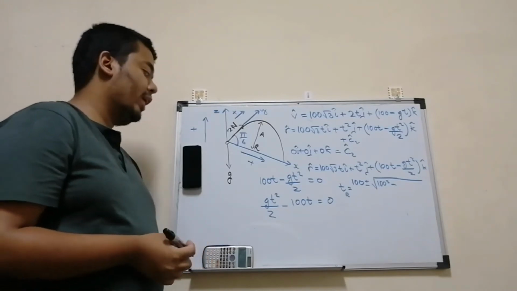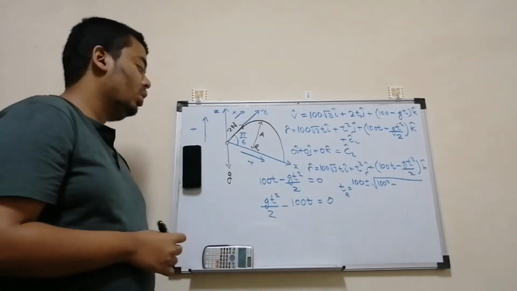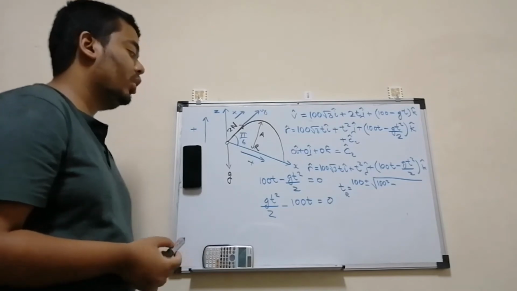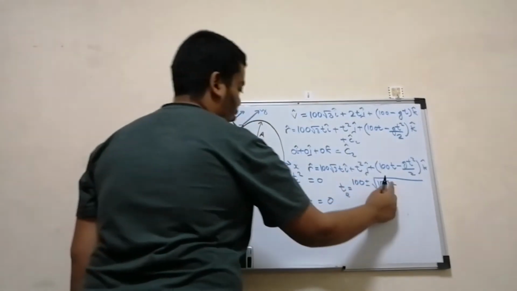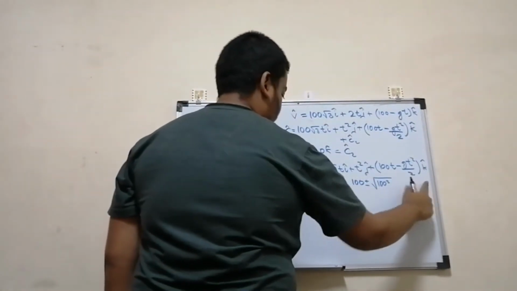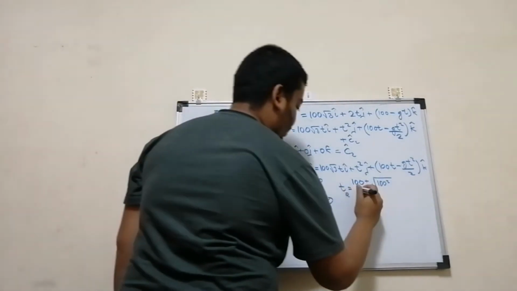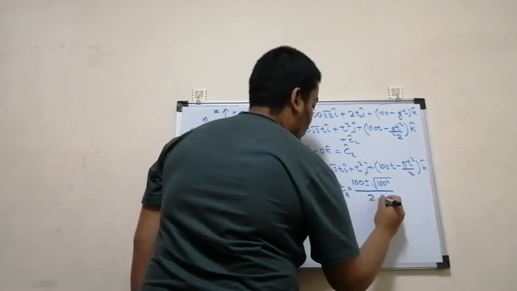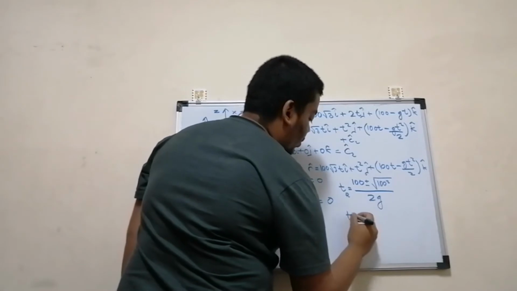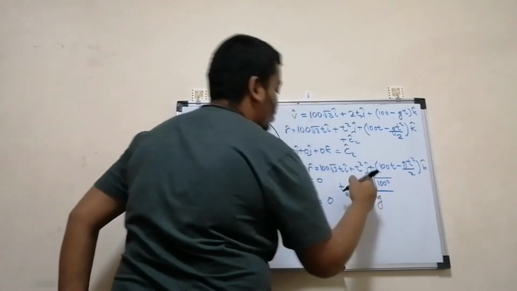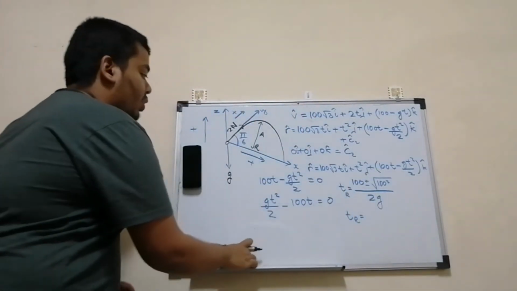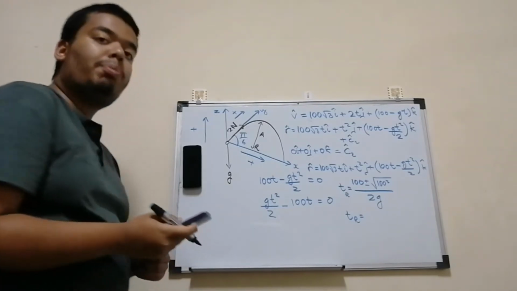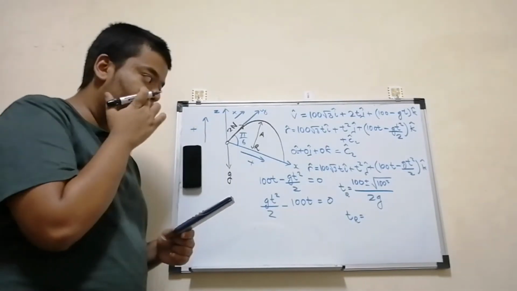Okay, perfect. We have a as 0, c as 0, so there will be no 4ac term. We can ignore that, over 2a, over 2g. Notice we will be getting a positive term and a negative term, but I told you we will only take the positive term because time cannot be negative.